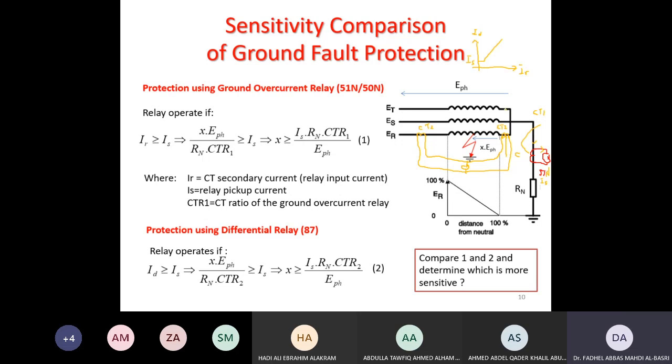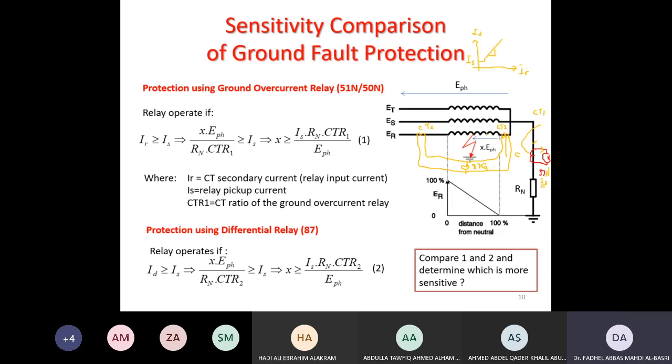So for a fair comparison, I'll choose my minimum pickup in the differential relay setting for this 87G. I'm just drawing one phase, these are three phases. I'm selecting the pickup setting of this 51N and the 87G minimum to be the same, for a fair comparison.